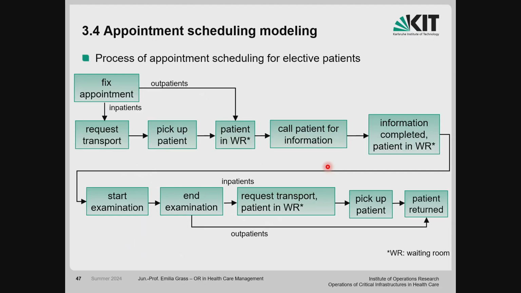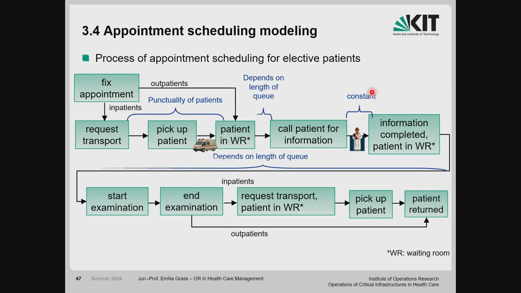And when we come back to this basic flow of patients coming in, being treated and going back, we now know the necessary information. We know how punctual the patients are. We know that the information given to the patient is constant, about 10 minutes every time. We know that waiting in a waiting room before they are called in for information depends on the queue length.